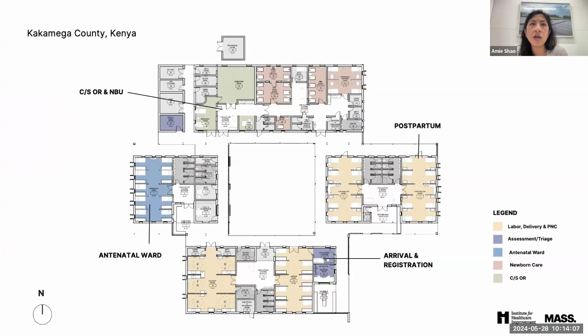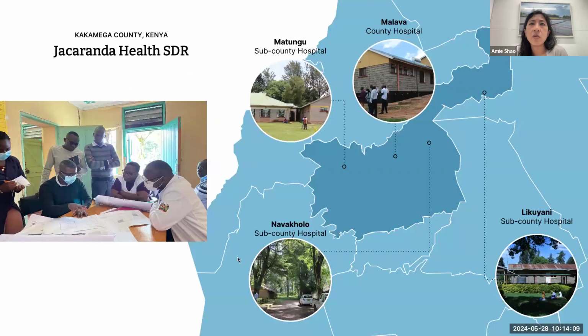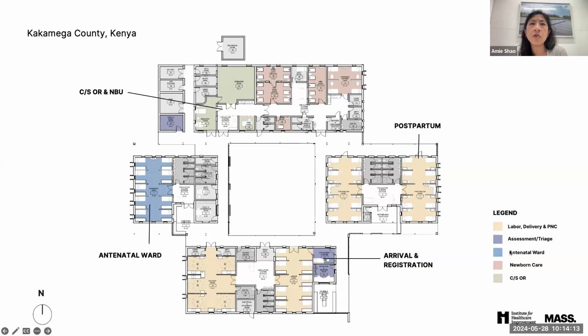And because we are working on a series of facilities across different sites, the approach we landed on was this kit of parts approach of designing postpartum and labor wards and delivery wards and ORs as a series of almost puzzle pieces that could be reconfigured appropriately to the different sites.